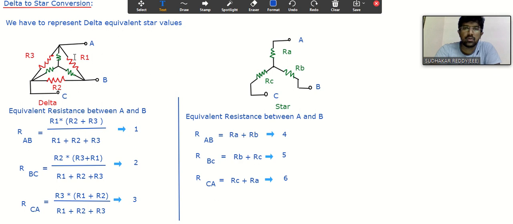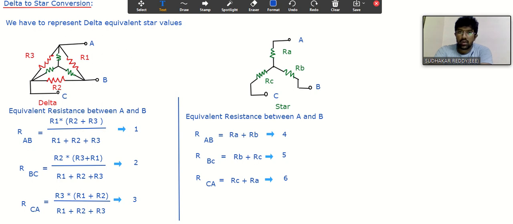There is no change in the performance. So the equivalent resistance between the 2 points A and B for this delta connection and for this star connection must be the same, because it is an equivalent star to this delta. That is the meaning of equivalent connection.